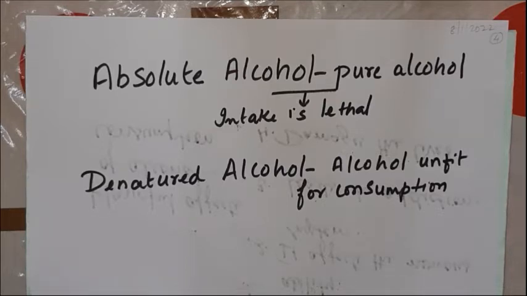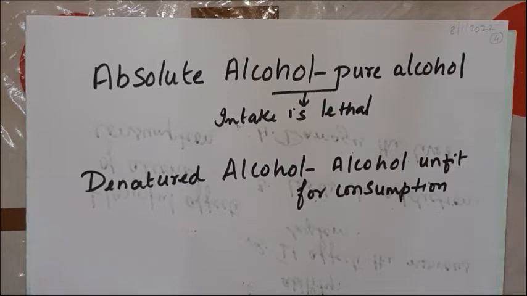Regarding denatured alcohol, this is the alcohol that is made unfit for consumption. A lot of uses are there for ethanol. That is, it is used as a sterilizing agent. So this alcohol must not be used for drinking purposes. How can it be made unfit for drinking?